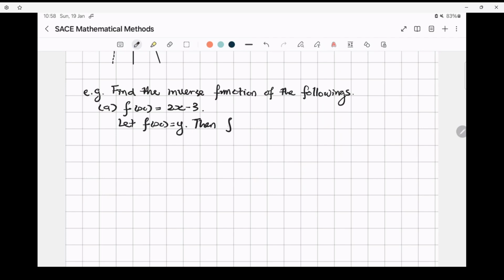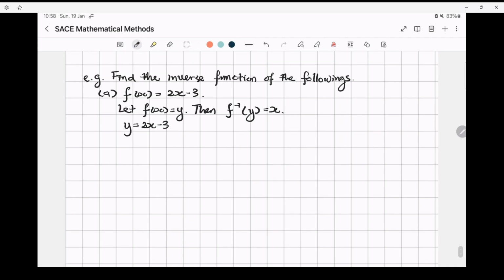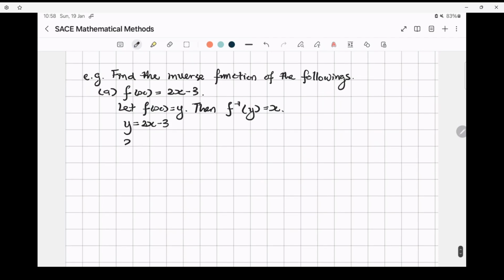Then the inverse of y will be x. So y equals 2x minus 3. The purpose is to find x. So 2x will be y plus 3, and x will be 1 over 2 times (y plus 3).